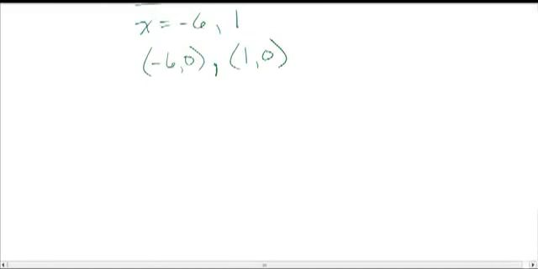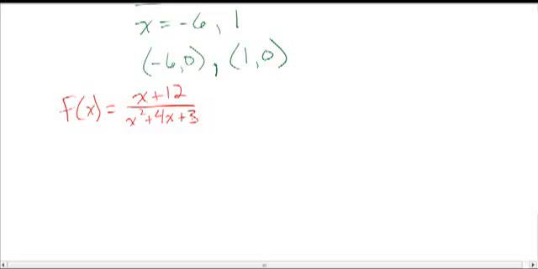Let's see, let's do a domain problem. If I give you f of x equals x plus 12 over x squared plus 4x plus 3. Okay. Well, you want to know what the domain is.